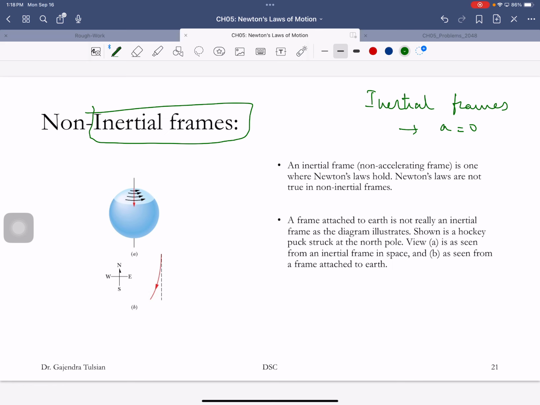On the other hand, if you were on a merry-go-round and the merry-go-round is spinning, something going in a circle is accelerating. That's a non-inertial frame. Okay. So in a merry-go-round, for instance, Newton's laws do not hold. Okay. All right, so let me give you an example of that.